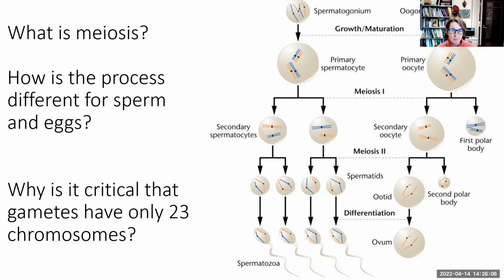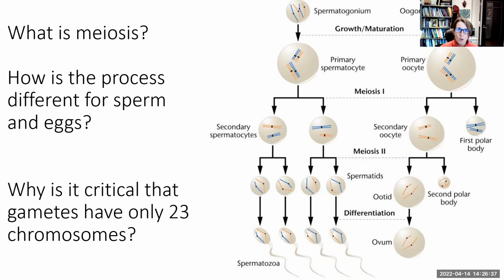And then at puberty, meiosis gets started again as follicles start to develop. Follicles are the cells around the egg, right? So as the egg starts to mature and the follicles around it that support it start to mature, then meiosis starts again. And the end of meiosis 2 only completes if the egg gets fertilized.